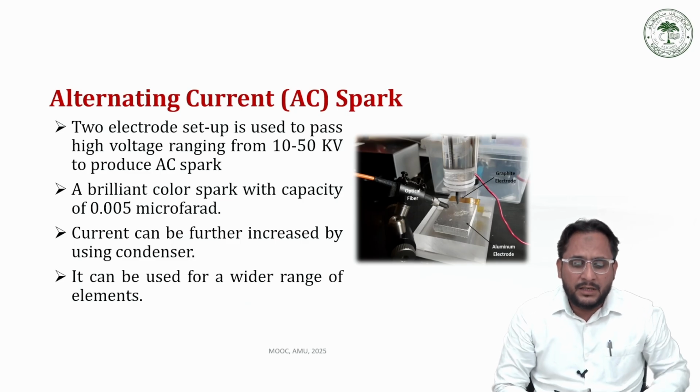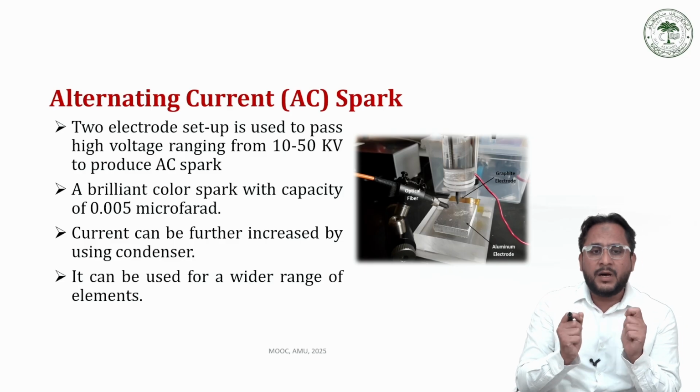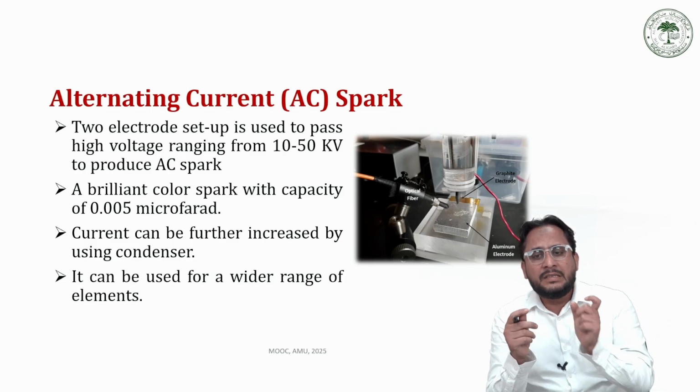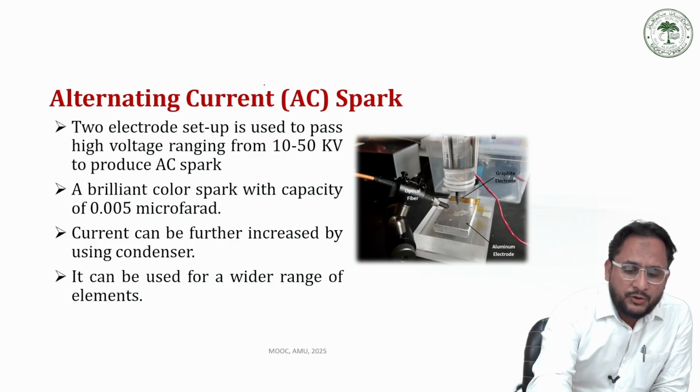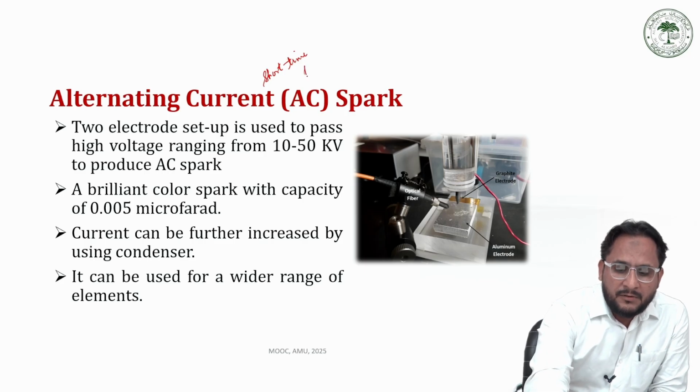Then comes the alternating current spark or AC spark. In a spark, electrical energy is created for a very short period of time. That is why it is called a spark. This spark is created between two electrodes momentarily. It remains active for microseconds, which means the time is very small.